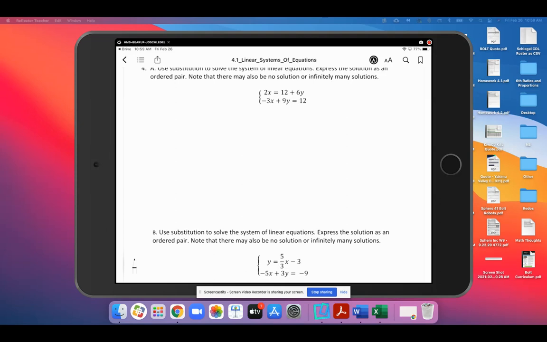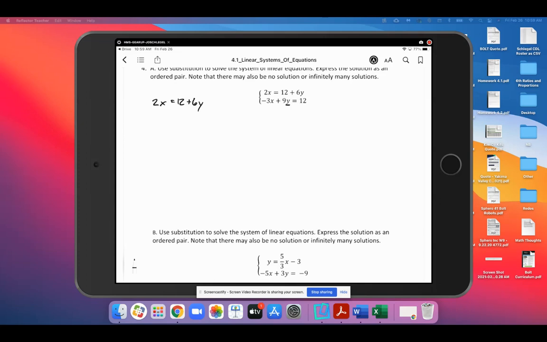The way that I'm going to choose to do this one, folks, is I'm going to take the 2x equals 12 plus 6y, and I'm going to solve that for y, and then put that in for y in this equation. You could solve the second equation for y instead, you could solve either the first or the second equation for x instead.